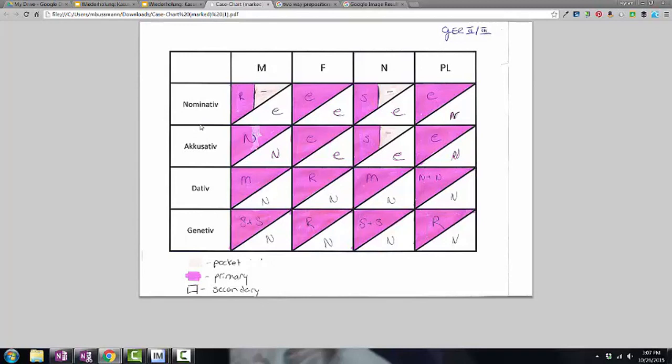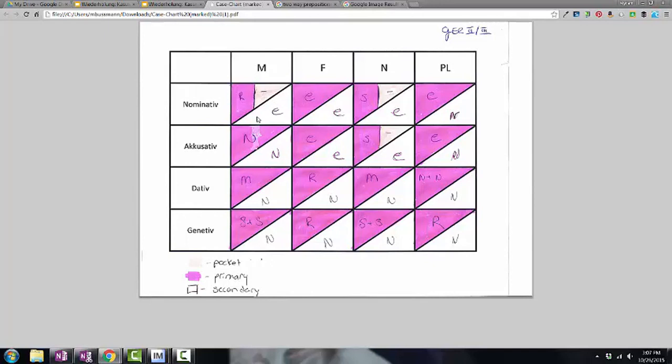Another one would be the question word welch, or which, welcher, welche, welches, and welche. Okay, then we have the little pocket ending for two of these. Those apply to the ein words. So we have mein, meine, mein, and meine. So no pocket ending means you just use the primary ending.